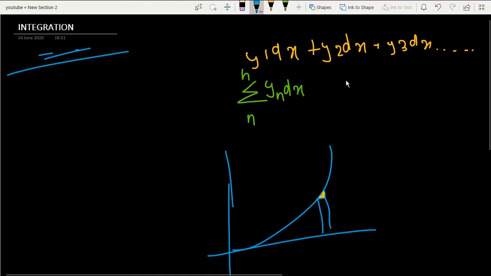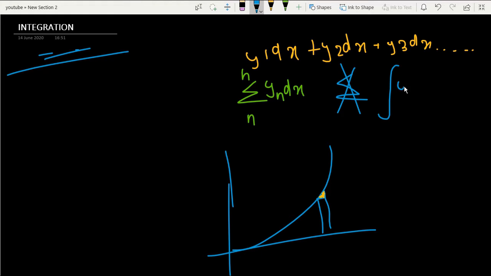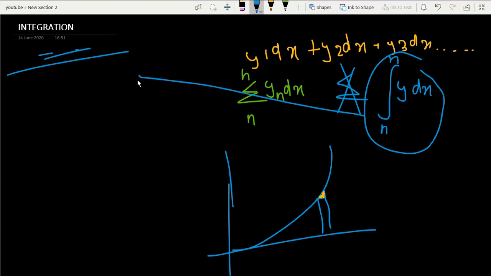We don't use this sign, instead we use this sign, which means a curve. Because this is a curve, that's why we use this sign. So the formula will become integration of y dx from n to n. Simple. So this came the proof of the integration formula. This is the main integration formula.